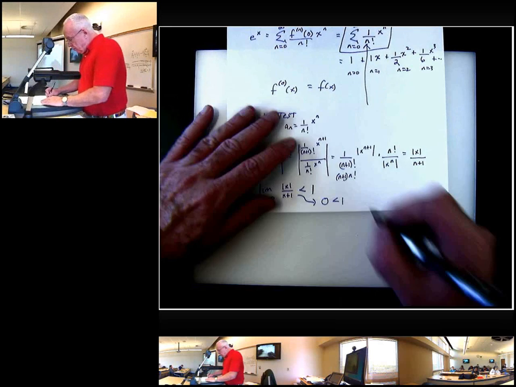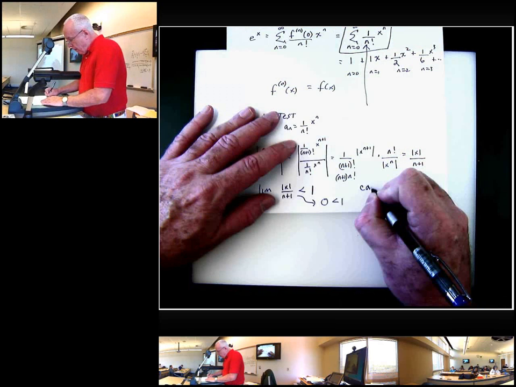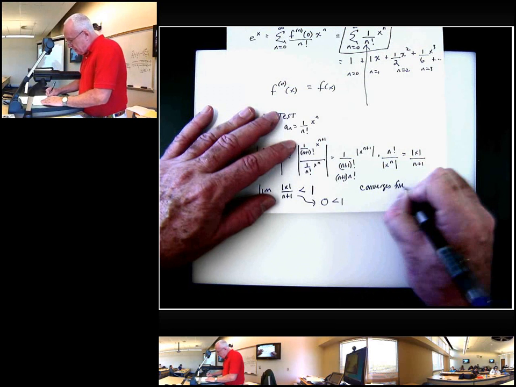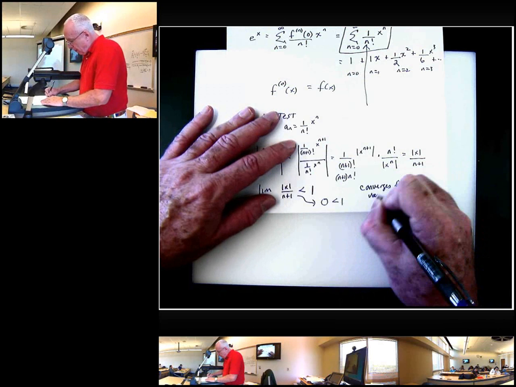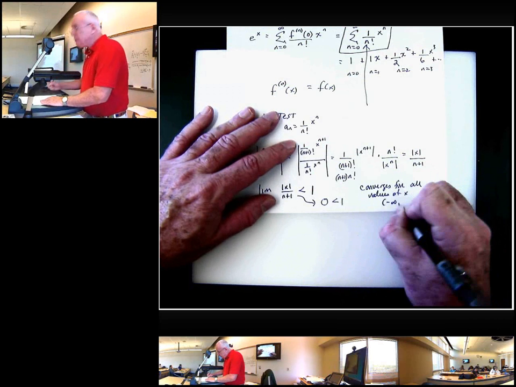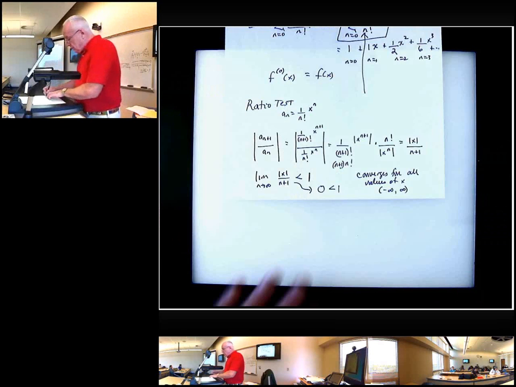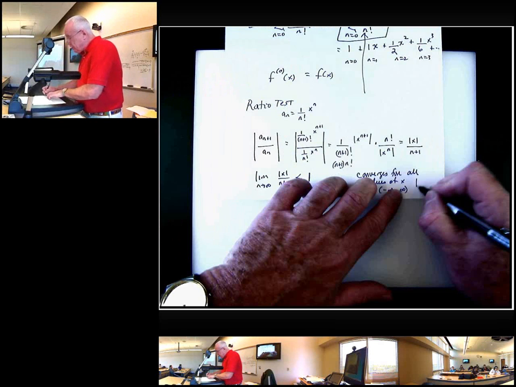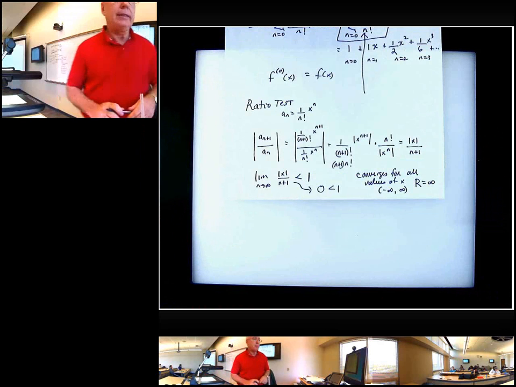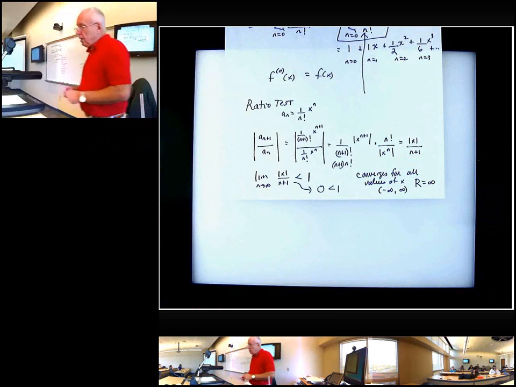So this converges for all values of x from minus infinity to plus infinity. We could also say the radius of convergence itself is equal to infinity. Okay, like that. All right.